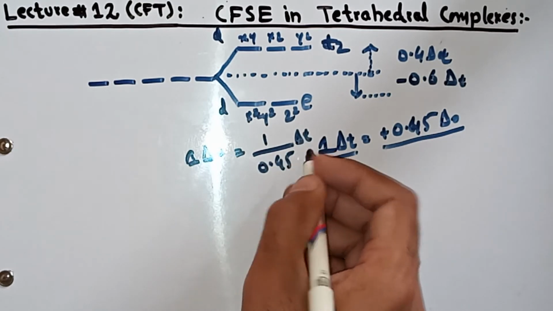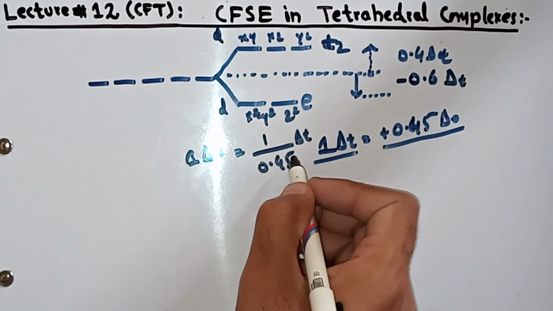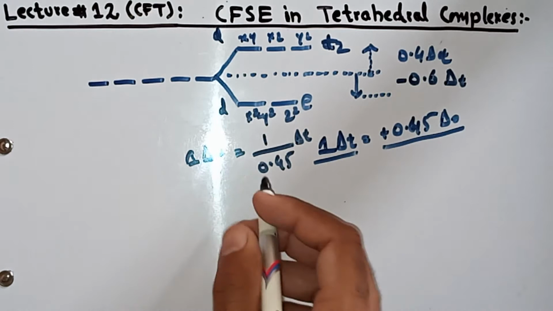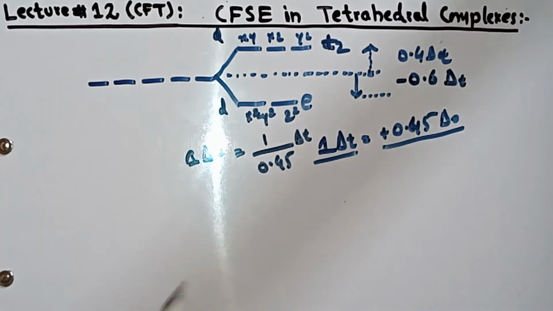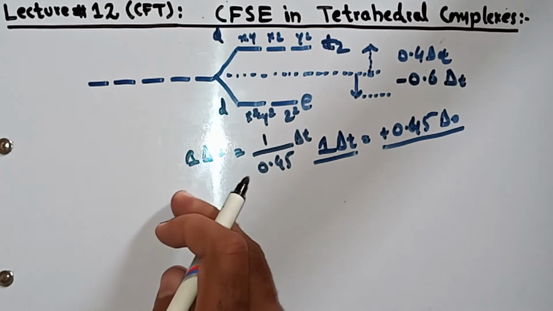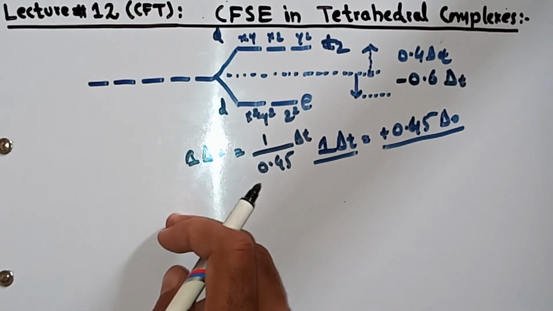Means if we divide delta t by 0.45, this will be equal to delta naught. Is it clear?